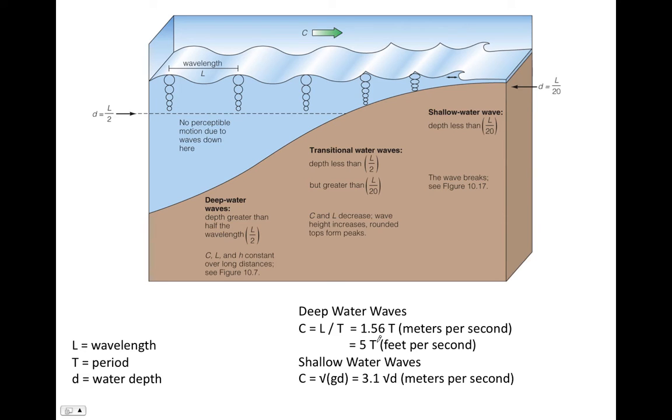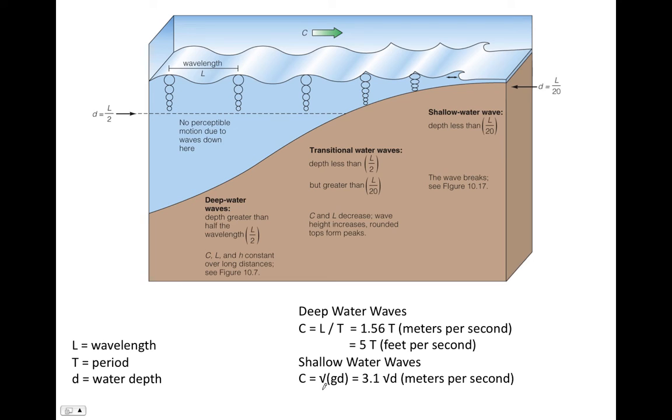For shallow water waves, the speed at which the individual wave travels is not a function of its period, but rather a function of the depth of the water, d. And the speed is equal to the square root of the acceleration due to gravity, which is a constant, times the depth of the water. So now you can factor out that square root of g, which is a constant.